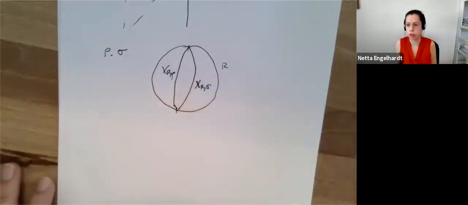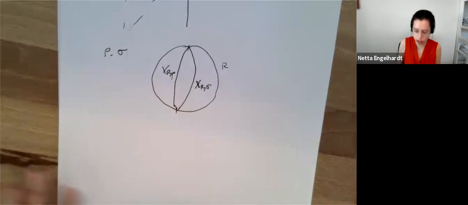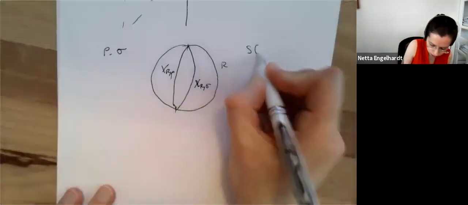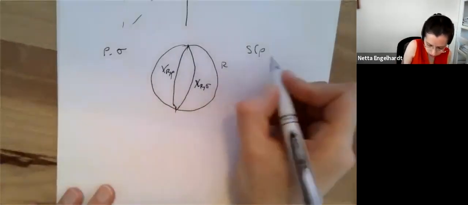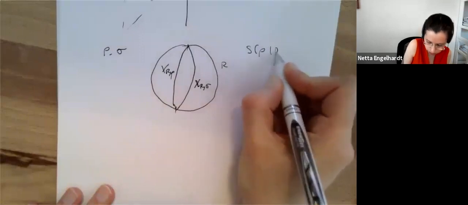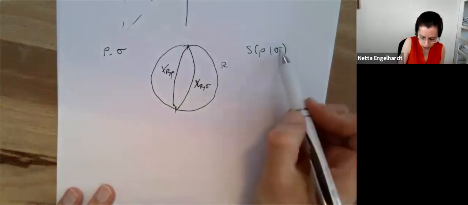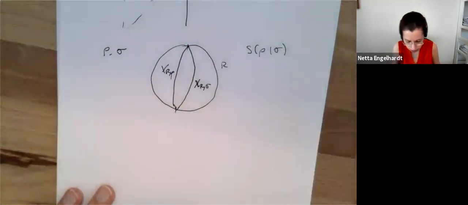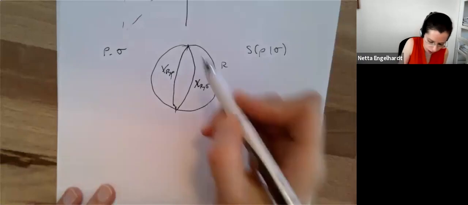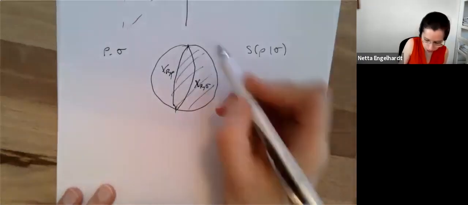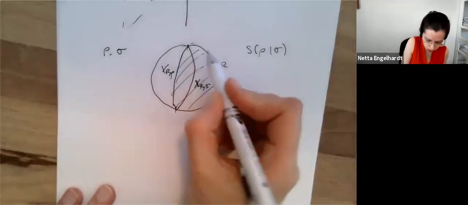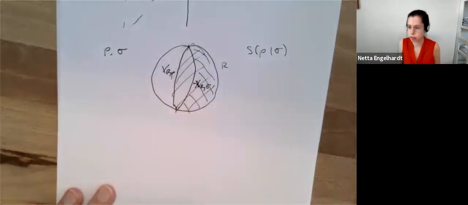Then when I'm computing the relative entropy, I have to ask, okay, do I compute it like this? I have to say, is my sigma, the reduced density matrix sigma, evaluated on this, or is it evaluated on the smaller wedge?